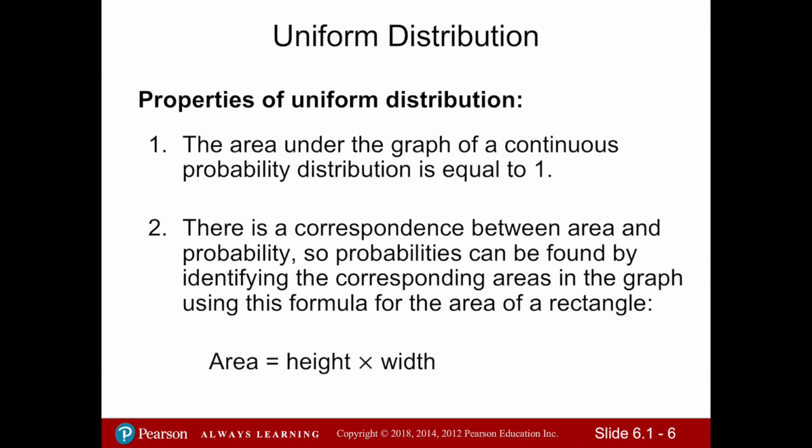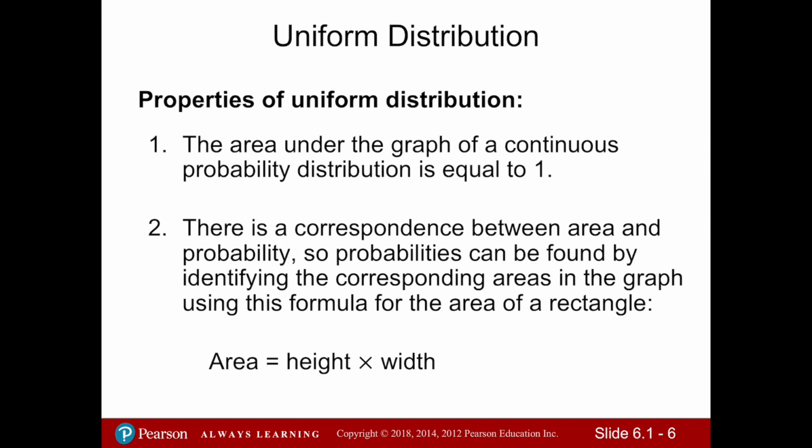Before we talk about how we compute the probability given a normal distribution, let's first talk about an easier distribution, which is called the uniform distribution. The basic properties of a uniform distribution is that the area under the graph of this continuous probability distribution is equal to 1. And there is a correspondence between the area and the probability. So computing the area underneath this curve will be the same as finding the probability.